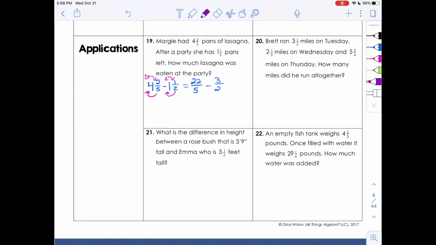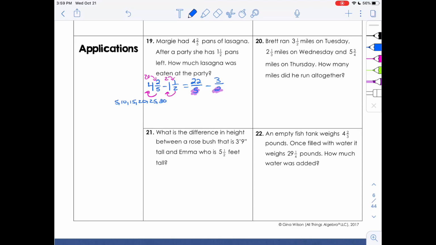Well, our bases need to be the same. And right now, they are not, 5 and 2. So we want to list our multiples to determine the least common multiple. My multiples of 5 are 5, 10, 15, 20, 25, 30.